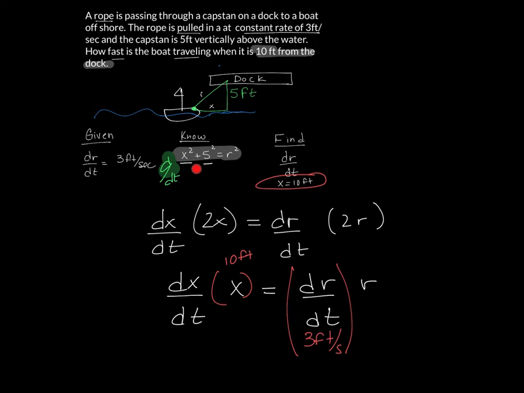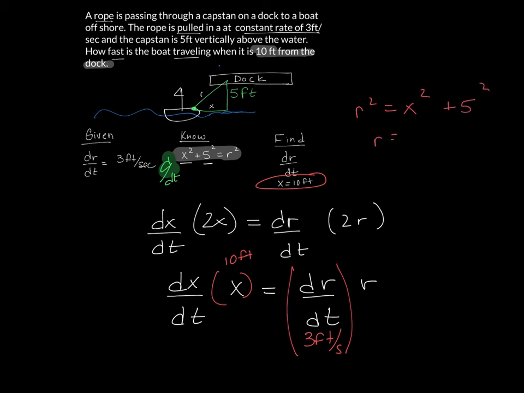I go back to our known piece of information and solve that, knowing that x is equal to 10. I know that r squared is equal to x squared plus 5 squared.